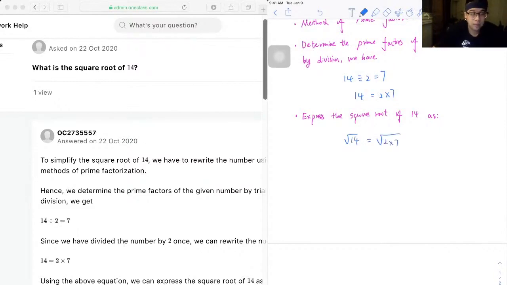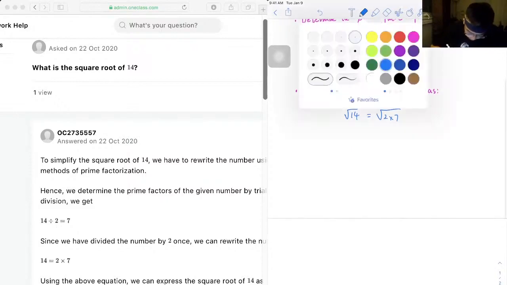Right. And now we observe that none of the factors can be pulled out of the square root, which means the radical expression cannot be simplified. So let's write it here.